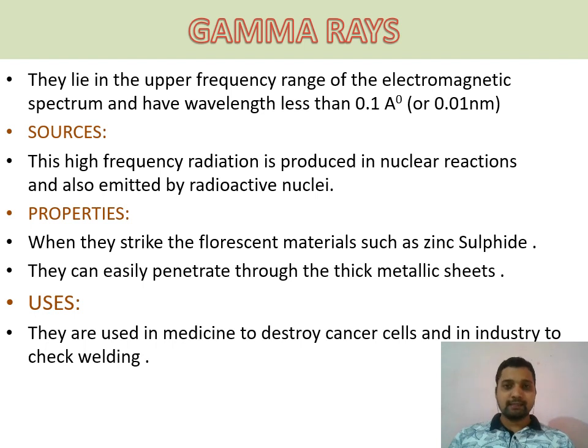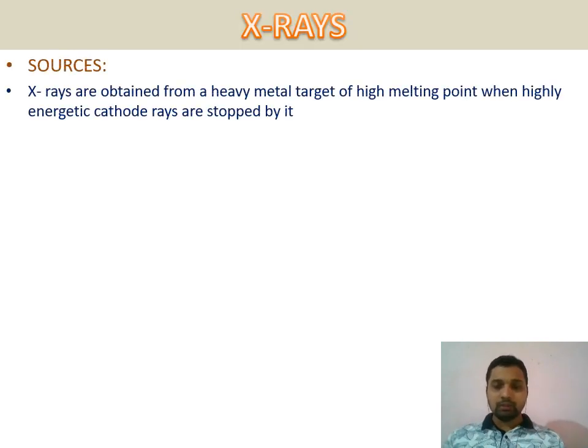Next is the X-ray. Most of the time we are exposed to X-rays, because whenever there is a fracture in the bone or we feel a hairline crack, we go for an X-ray. Where does X-ray come from? The source of X-ray is whenever a cathode ray hits a metal target like tungsten, with a high melting point, it produces X-ray.